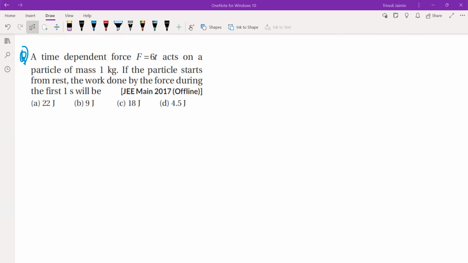We need to find time here. No. Okay, work done we need to find out. So work done will be in terms of kinetic energy. So how to find kinetic energy?